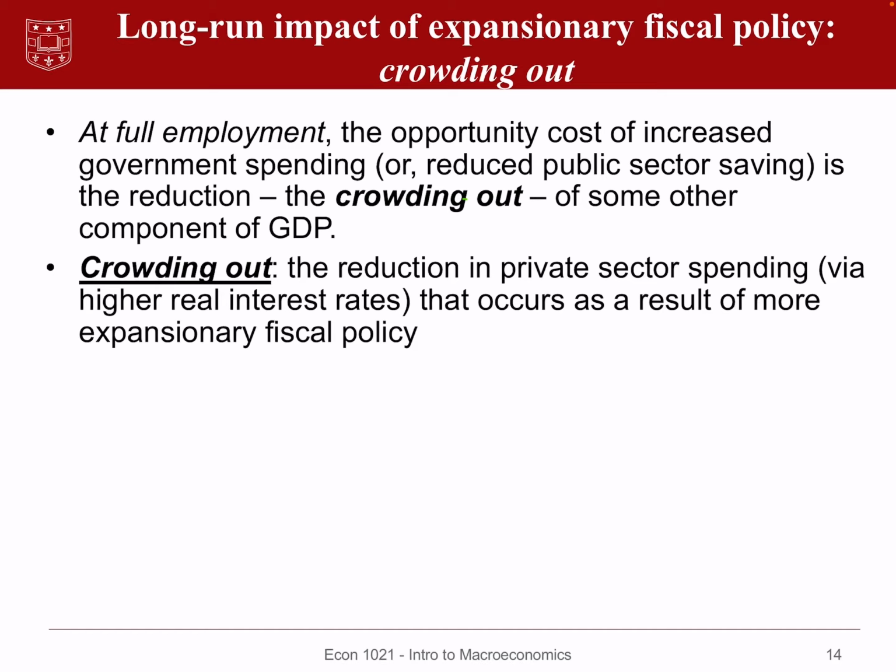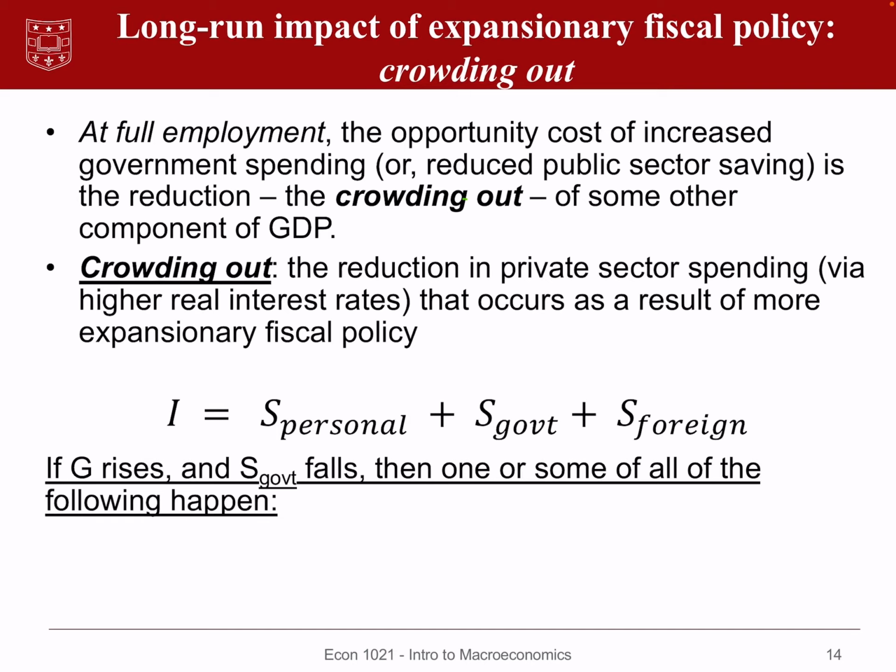So crowding out refers specifically to the reduction in private sector spending. And as we'll see in our graph, it'll be via higher real interest rates that occur as a result of more expansionary fiscal policy. And we can see this very clearly in our expression that we had before.